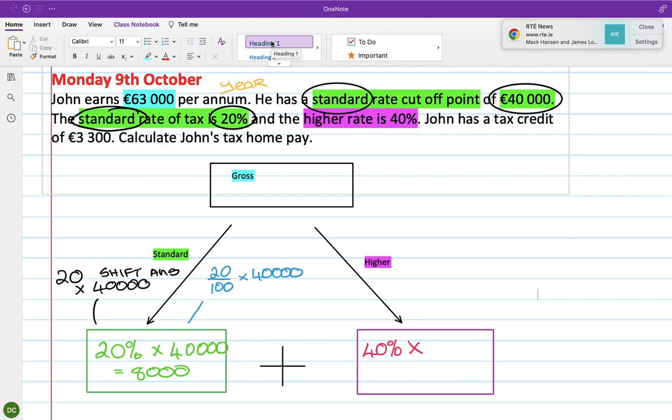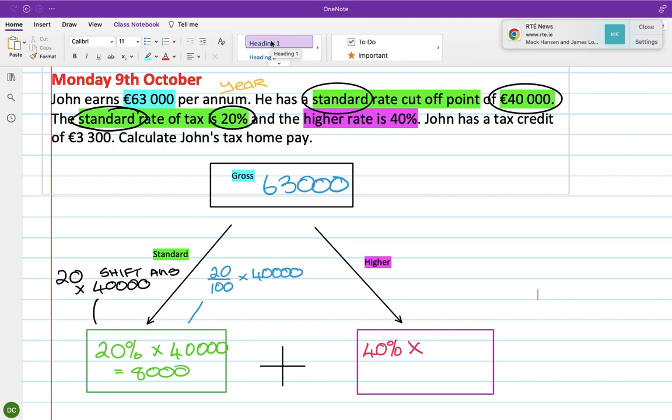So what is John's gross wages? 63,000. And up until this point in our calculations, how much of his money have we calculated tax on? We've calculated tax on €40,000 of his money. So that money has been paid for by John. John has earned 40 grand and he's paid for it. So how much more does John earn?